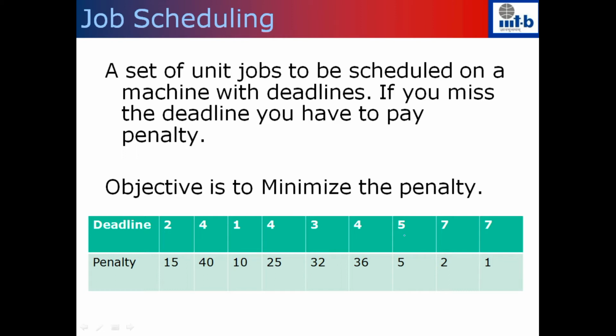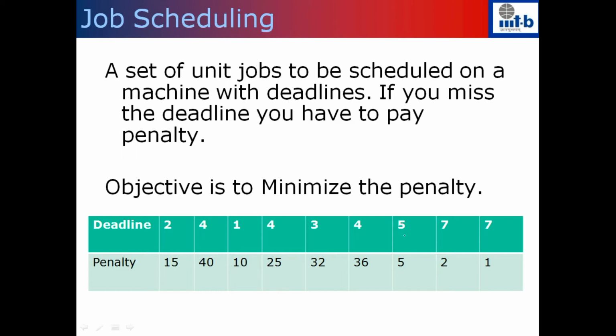Doing an assignment actually takes 1 day of effort, but each of the assignments has a different deadline, and there is a penalty. There are different weightages for these assignments, and if you don't complete a job by the deadline, then you have to pay the penalty.